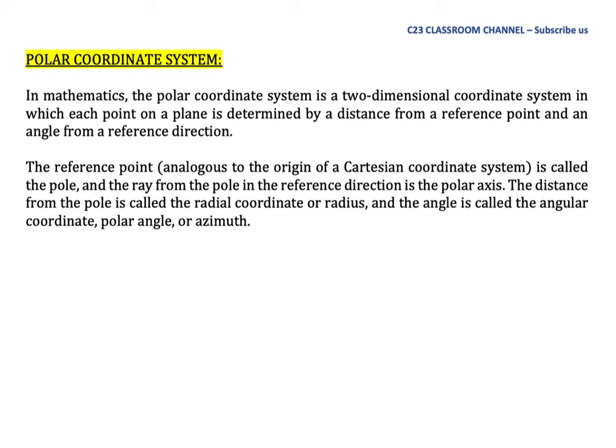The reference point, analogous to the origin of the Cartesian coordinate system, is called the pole, and the ray from the pole in the reference direction is the polar axis. The distance from the pole is called the radial coordinate or radius, and the angle is called the angular coordinate or polar angle or azimuth.